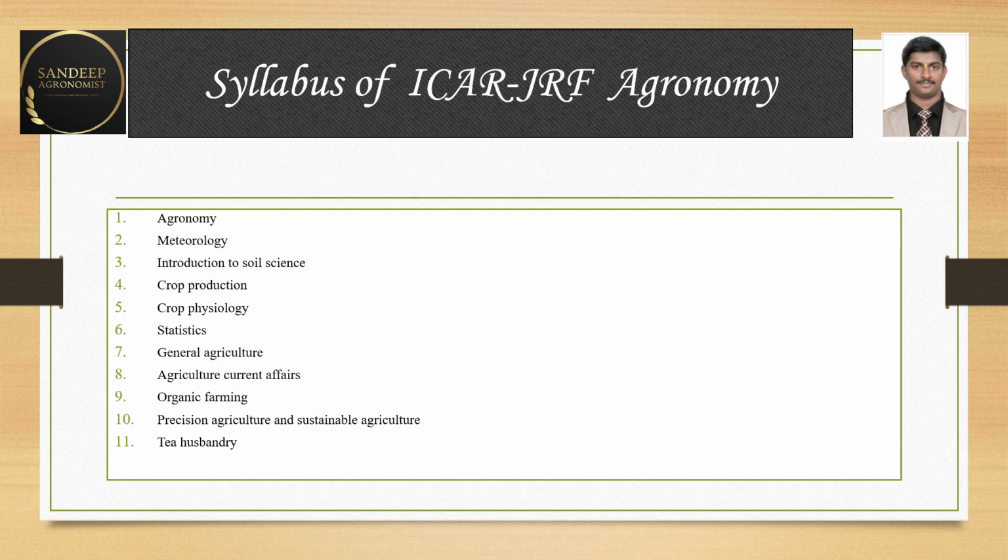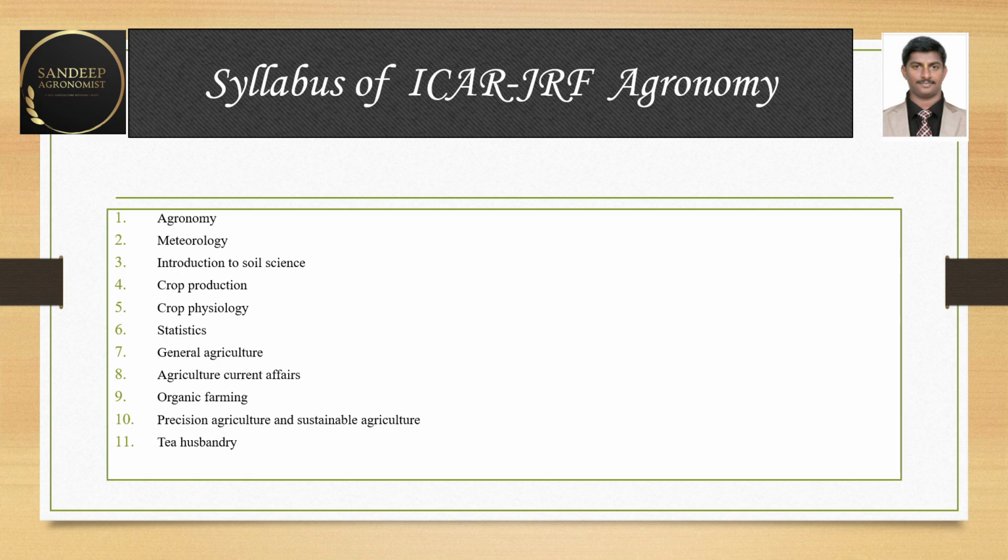For crop production, I always prefer to go through Agronomy Facts for Competition once and Nemraj Sunda once, and most of the questions will arise on the recent varieties which are released by the different state universities as well as ICAR institutes. That's why these things will cover the entire crop production.